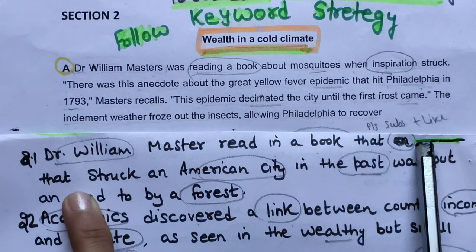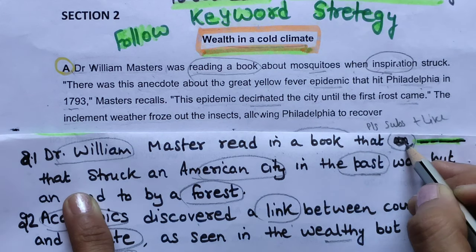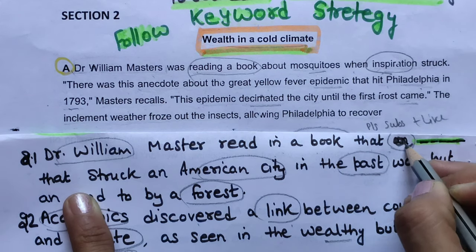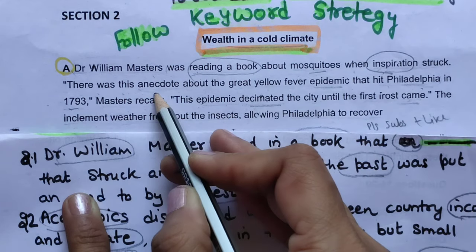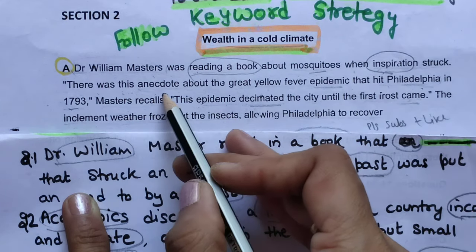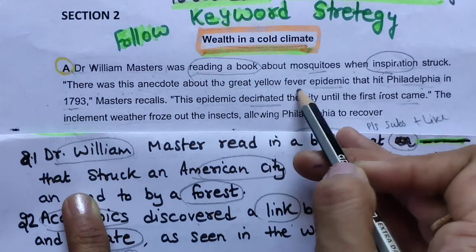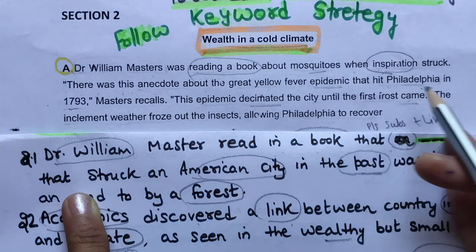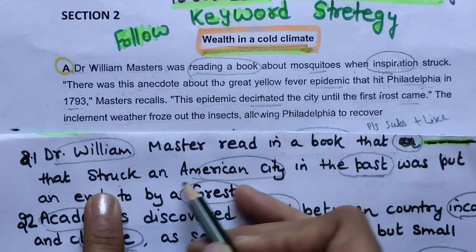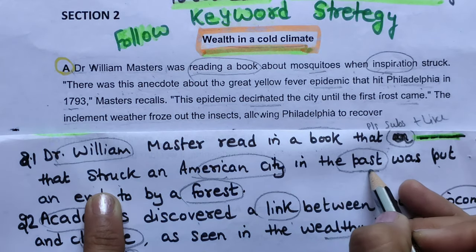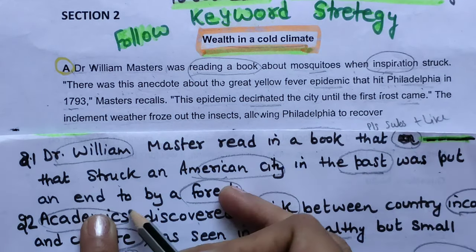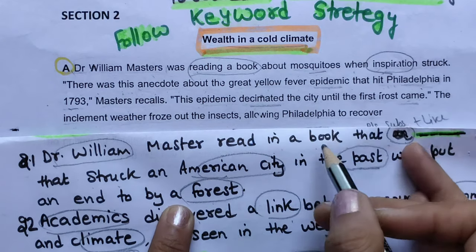That a, it was an, I have corrected it, a dash. So there was this anecdote about the great yellow fever epidemic that hit, that struck an American city, Philadelphia, in the past, which was put to an end by a forest. So see this.